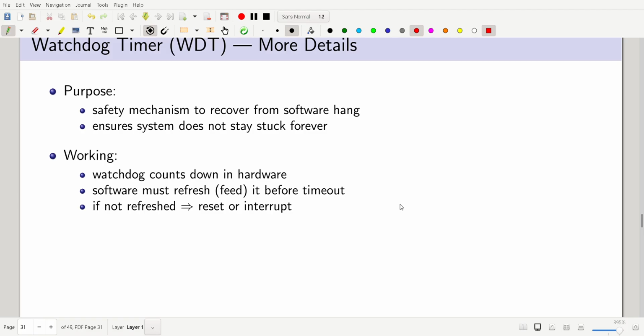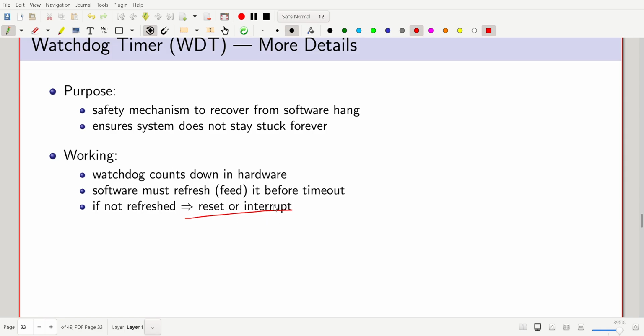In working, the watchdog counts down in hardware. It starts counting down, and software must refresh it before timeout. It should be refreshed before the time passes. Otherwise, if not refreshed, the watchdog timer expires and causes a reset or interrupt.